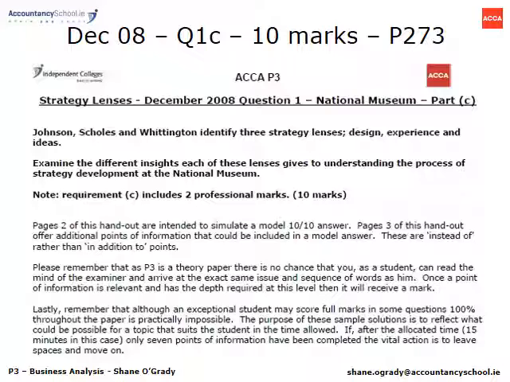So on 273, you'll see my introduction. 274 is the actual 10-mark indicative answer. And then on 275, you'll see some other additional points that you could make, so swap them in and out in contrast to some of the ones that I've selected as part of my specific answer.